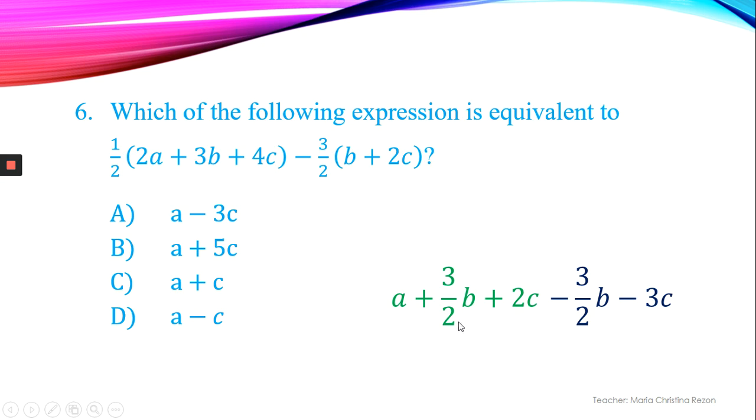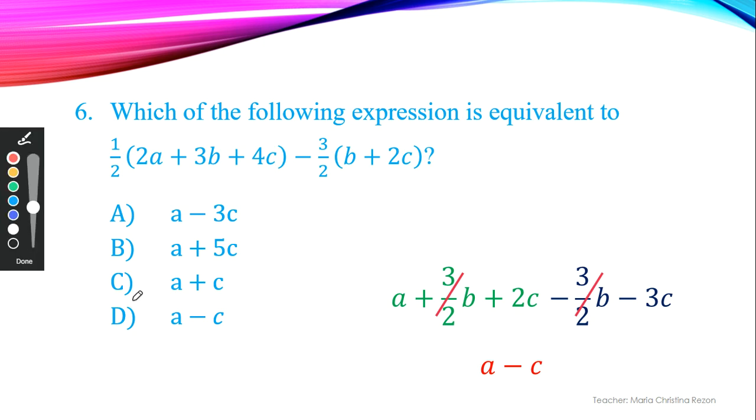Simplify. How to simplify that? This becomes 0 now. What is left is a, and then 2c minus 3c, which is equal to negative c. So your final answer is a minus c. Do we have a minus c here? Yes, we do. So our answer is letter D.